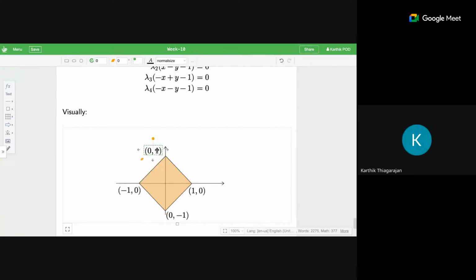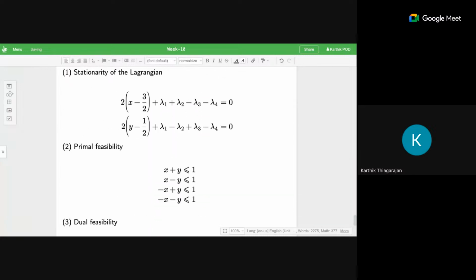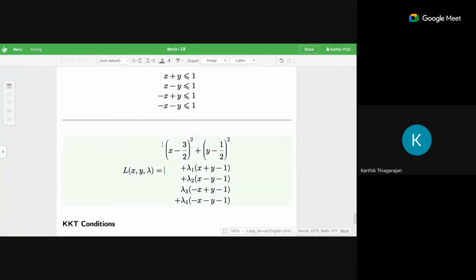So that is your constrained region, and the 4 constraints together will look like this. This region inside is what you'll have. And this is the equation of what? Contours of a circle. Yeah, it's a circle.